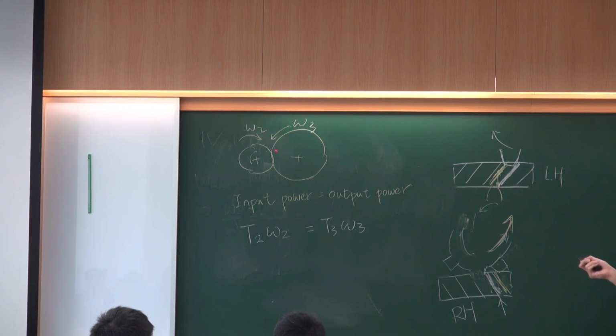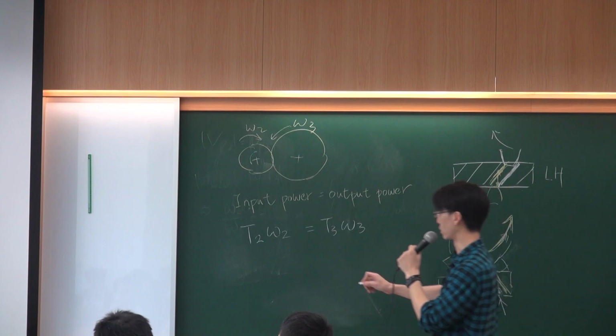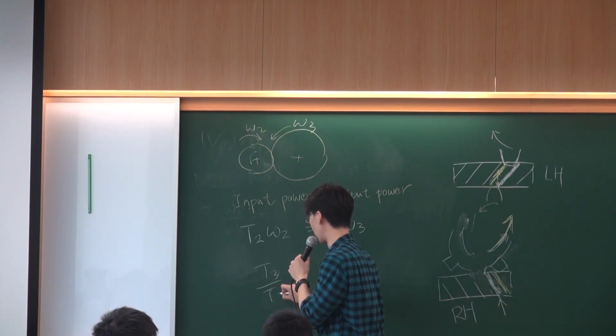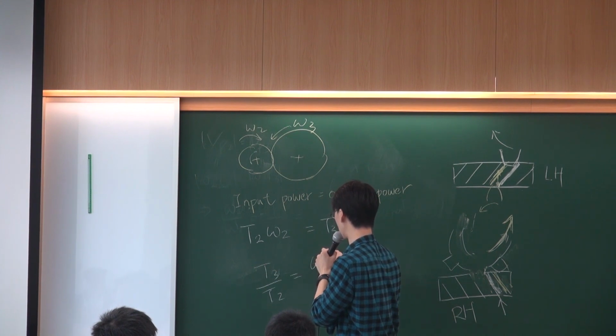So right now we are using a pair of gears. We know the speed ratio is going to be different. So once you change the speed, once omega 2 and omega 3 are different, the torque will also be different. And the ratio between the torques is the inverse of the ratio of the speeds.